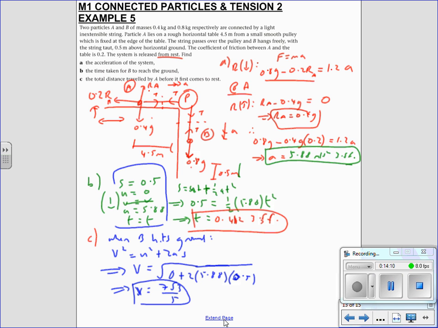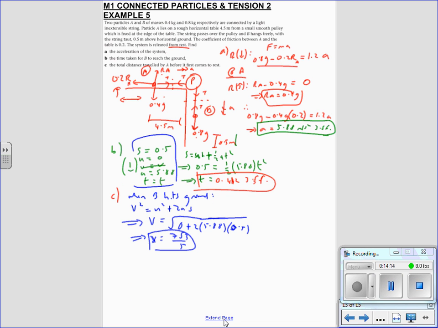you get 7 root 3 over 5. So that's v there. And then we probably need a new diagram, because that's going to be the starting velocity of A before it starts to slow down. So on a new diagram, you can see A is moving. It's still got friction, which is 0.2 R, which is RA. RA still hasn't changed, but there's nothing pulling it to the right anymore.